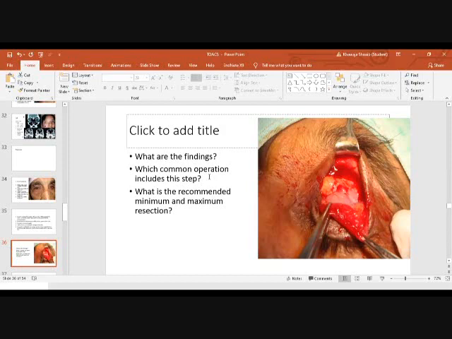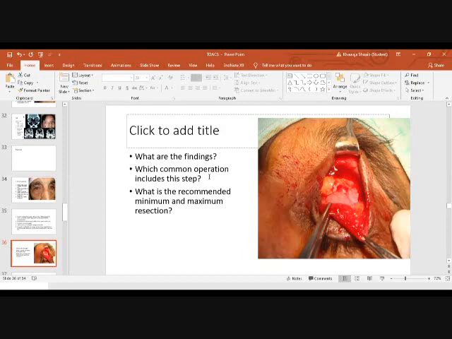Orbital fat and tarsal plate, sir. Good. So orbital fat is visible, and this portion of the orbital fat is known as? It's called the preaponeurotic fat pad. Excellent.